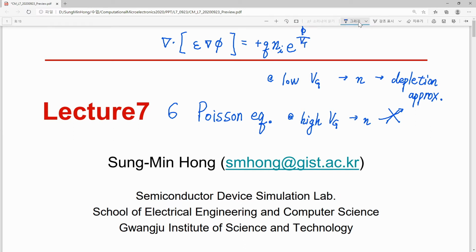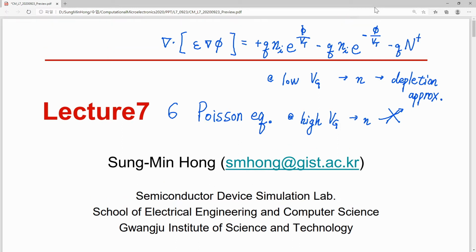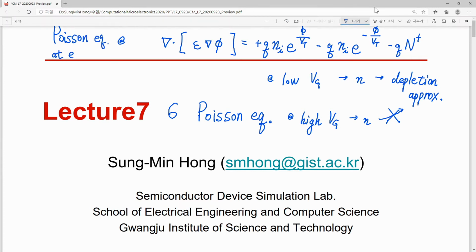This is a contribution from electrons, and also we have a similar contribution from holes, and here we have doping density. So now we understand this is the form of Poisson equation which is valid at the equilibrium condition.